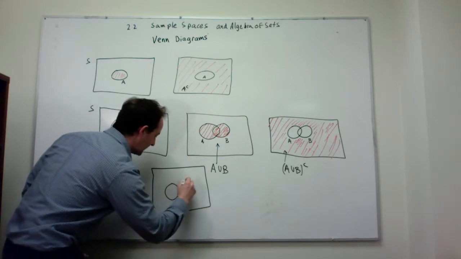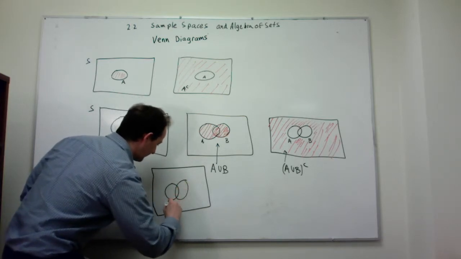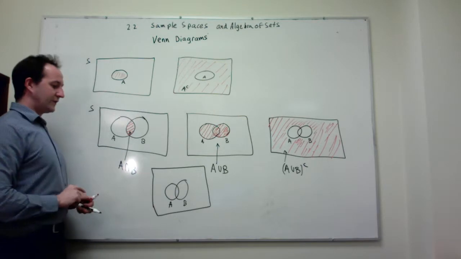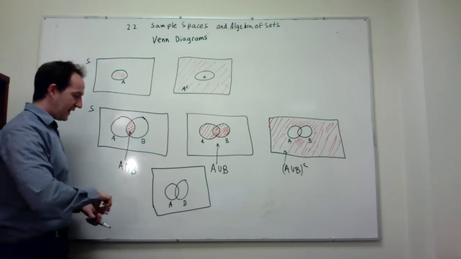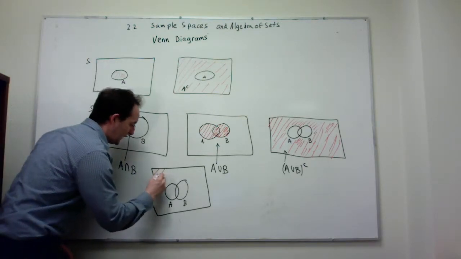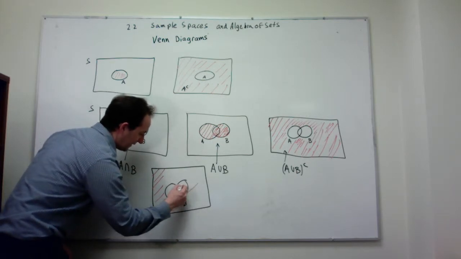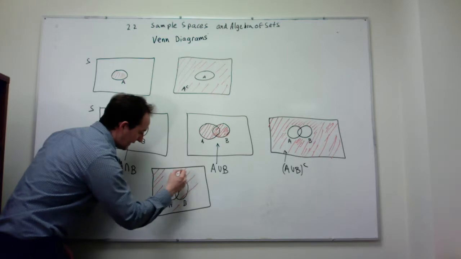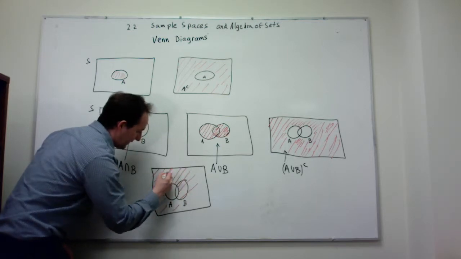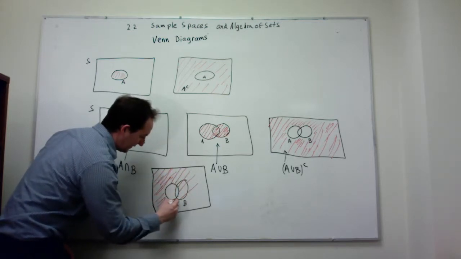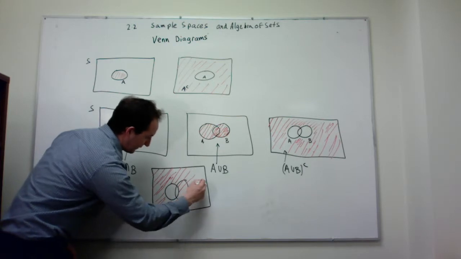We're going to have A over here, and B over here. So first note that A complement would be everything that is not in A. So this set here is A complement.